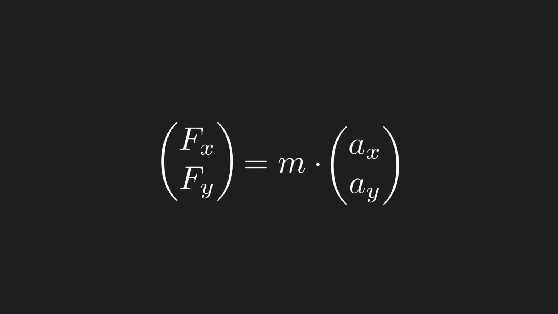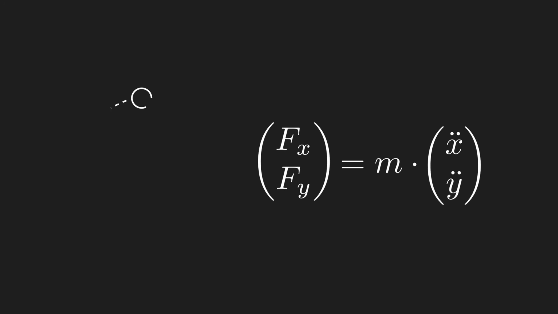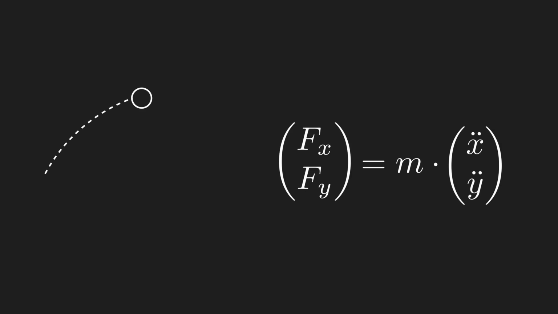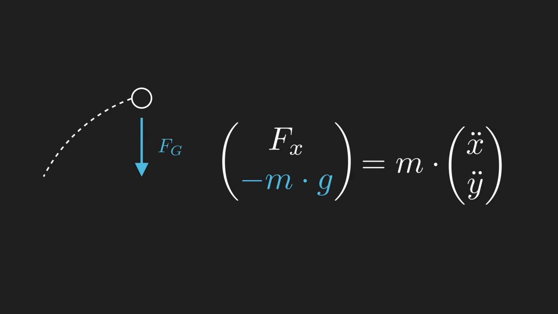Also, let's rewrite the accelerations as x and y double dot. Alright, let's talk forces. The only force our projectile experiences is gravity, and it's only acting downwards, so in y direction. In the x direction, we don't have any acting force, so we'll leave this entry at 0.